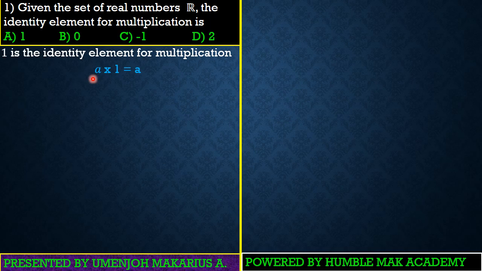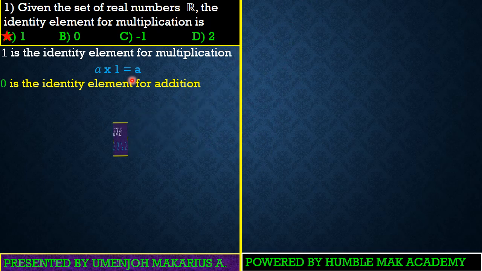So 1 is the identity element for multiplication, because 1 times anything or anything times 1 still gives you that thing. In a similar manner, 0 is the identity element for addition, because anything plus 0 simply gives you that thing. So the best option here has to be option A, 1.